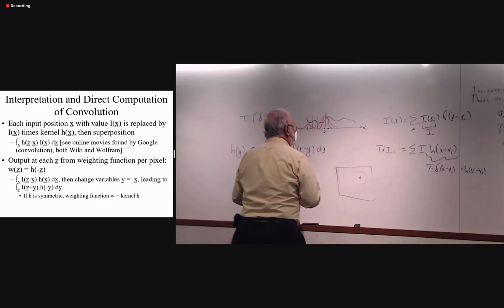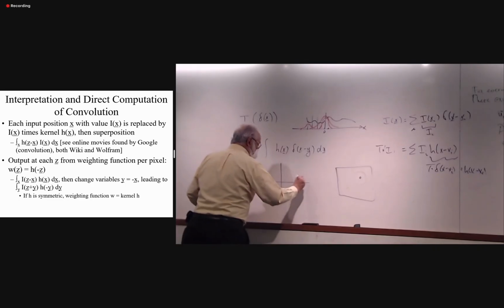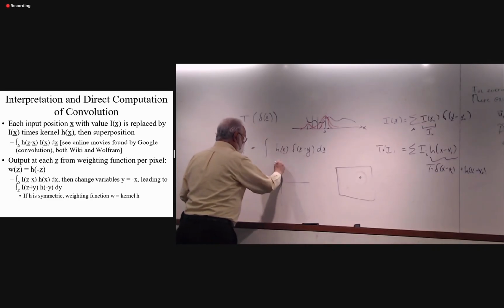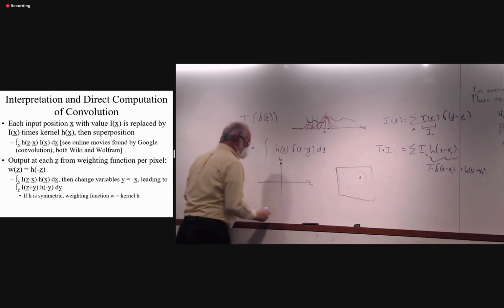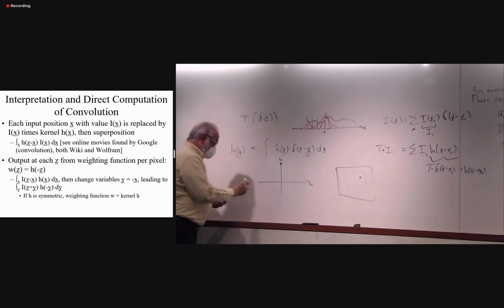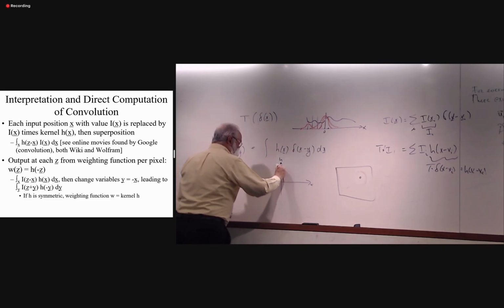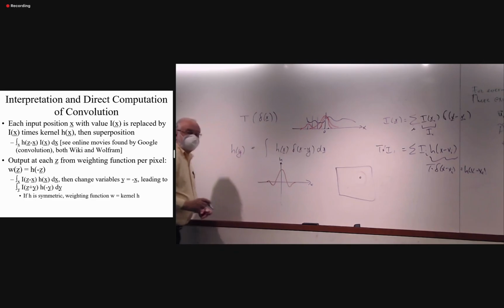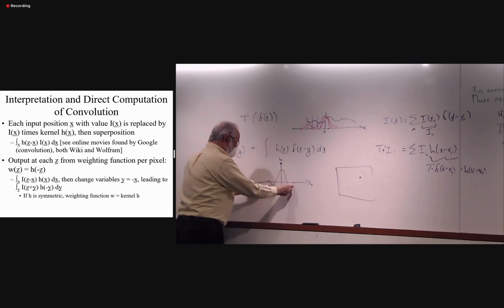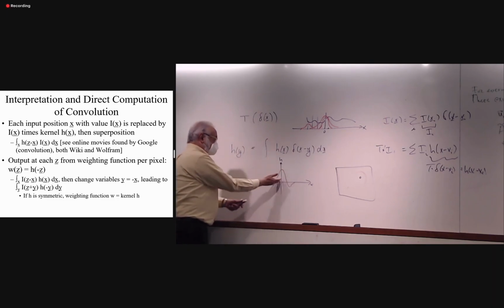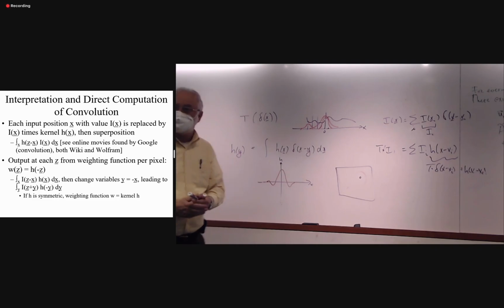That is to say, if you had a symmetric, okay, so here's h and here's x in one dimension. If you had a symmetric impulse response function, and by the way, need not be positive only, then its reflection simply takes h of x to h of minus x and h of minus x to h of x. But since this is symmetric, it doesn't change things.